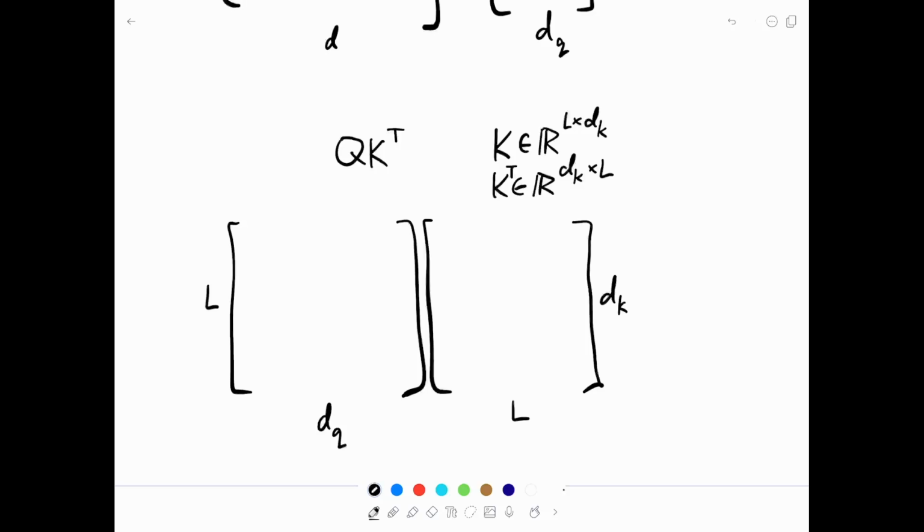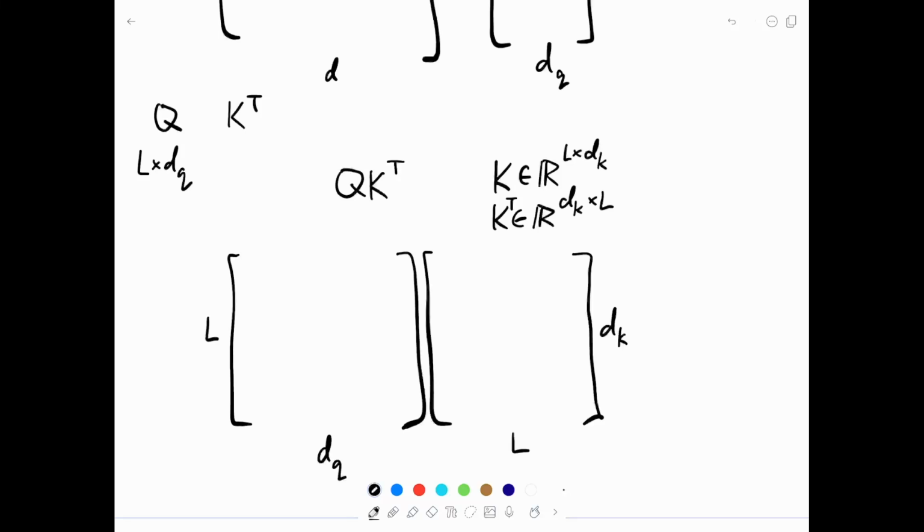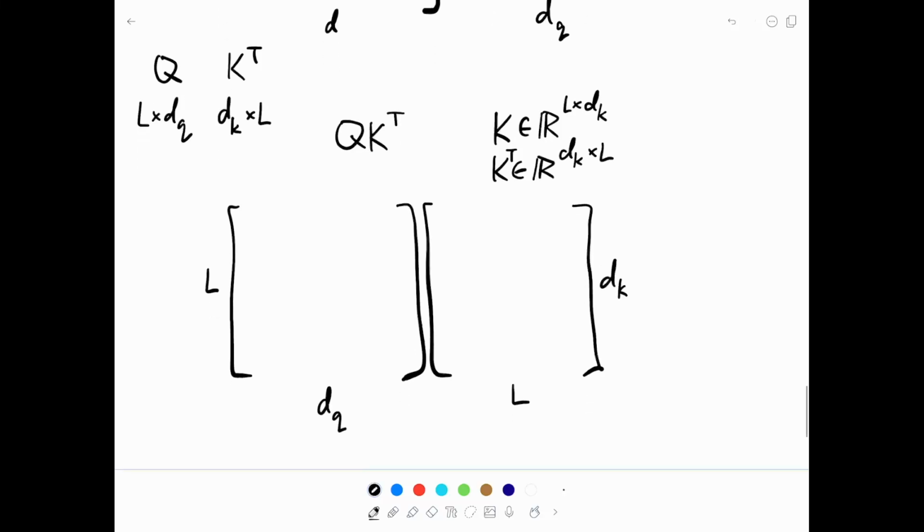So we have Q and K transpose, and the dimensionality of Q is going to be L by dq, and the dimensionality of K is going to be L by dk, but the dimensionality of K transpose will be that flipped, so dk by L. And in order for this matrix multiplication to be possible, we need the inner dimensions to match.